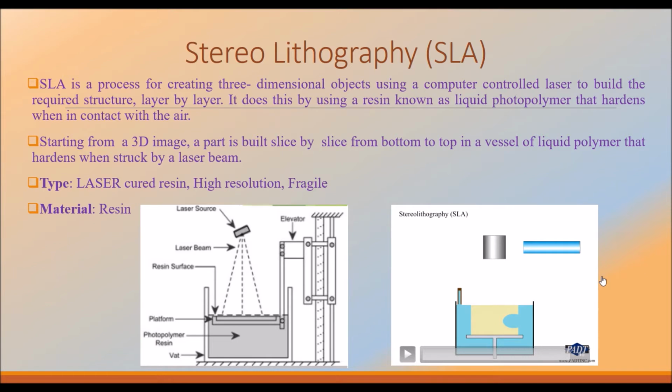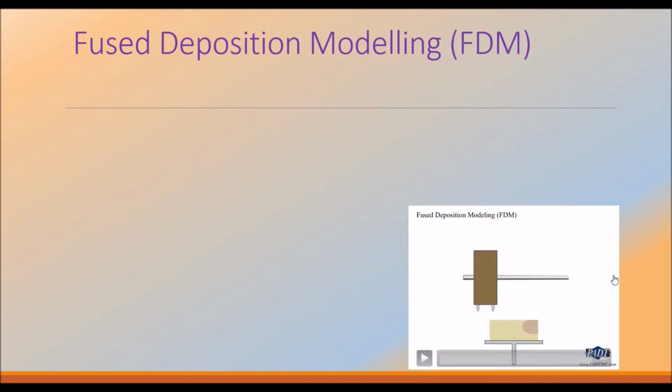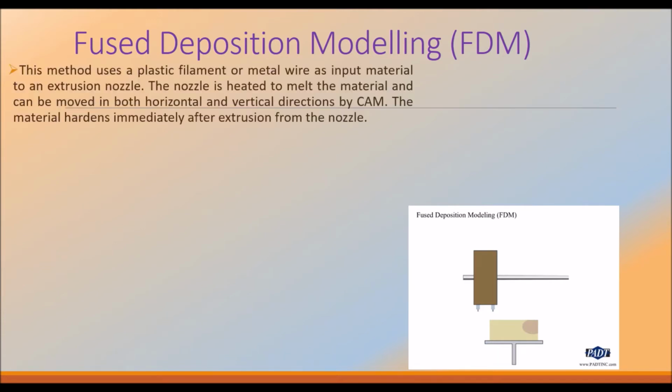Next method is fused deposition modeling, FDM. This method uses a plastic filament or a metal wire as input material to an extrusion nozzle. The nozzle is heated to melt the material and can be moved in both horizontal and vertical directions by CAM, that is computer aided manufacturing.